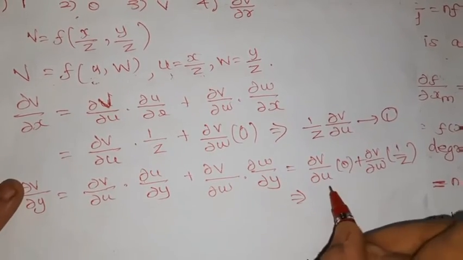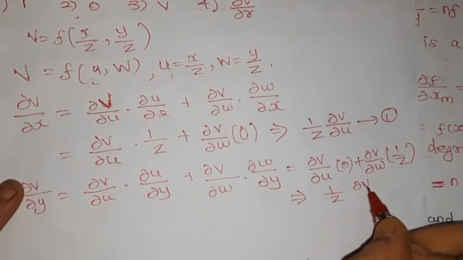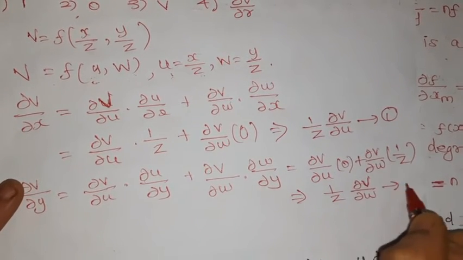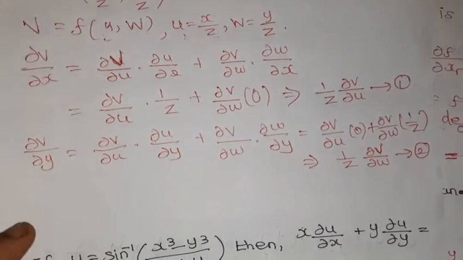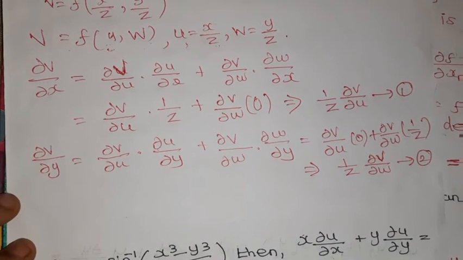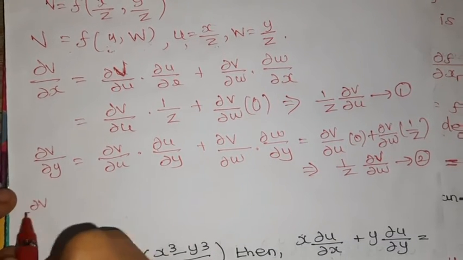So for this, what is the answer? 1 by z into ∂v/∂w. So this is equation 2. Then what is the third one? ∂v/∂z, right?